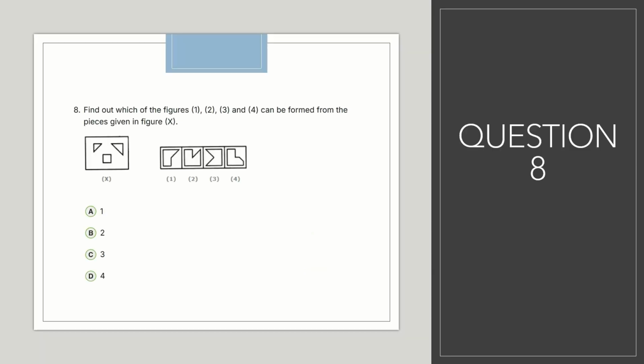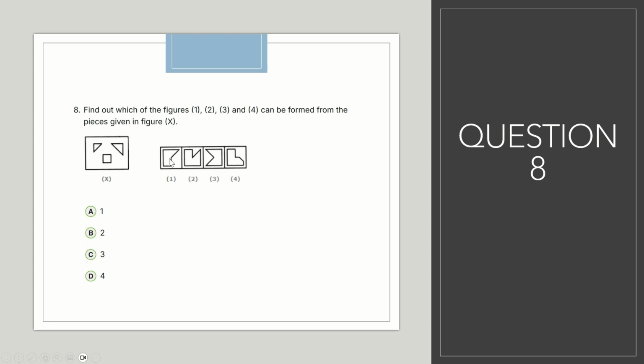Okay, then moving on to question 8. We can see that we have these 3 pieces in figure X. We'll look at the square first to check if we have it under these figures.